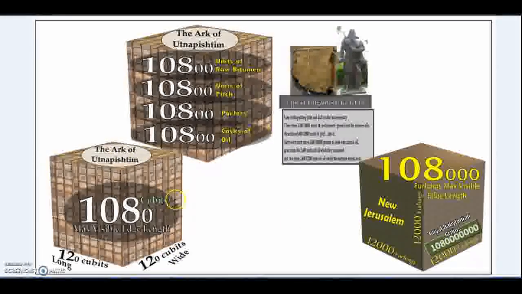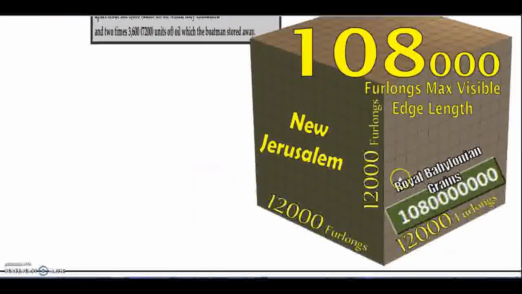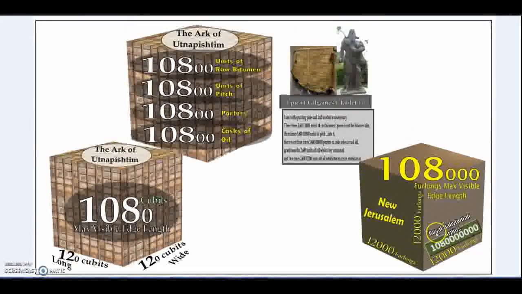Because it's built on 12s, you'll find that 108 or 108,000 are the edge length, but even when you convert to the Royal Babylonian system of weights and measures, each individual edge is 108 with 7 zeros on the end. And again, it just appears across time, across cultures, they're embedding this particular number.